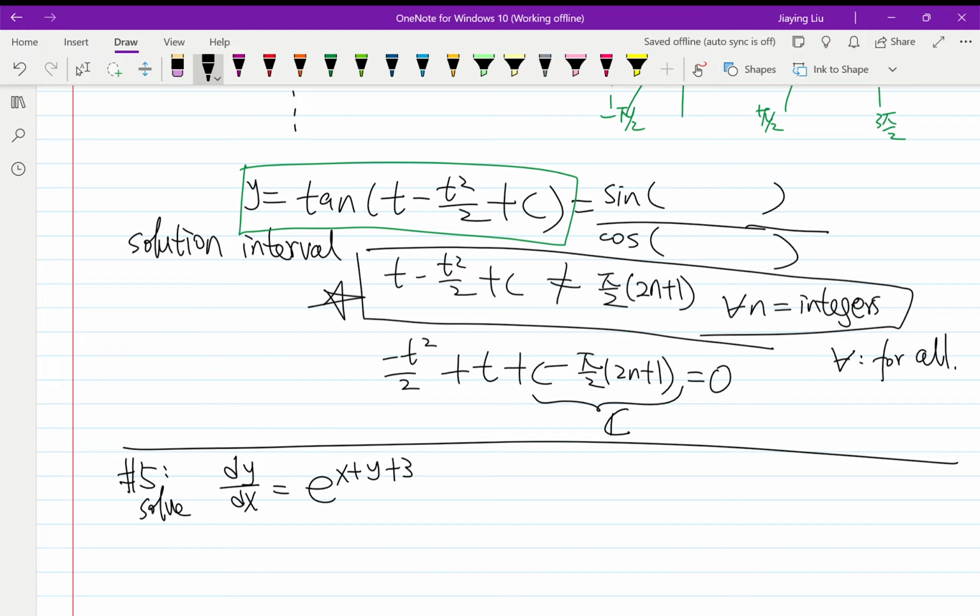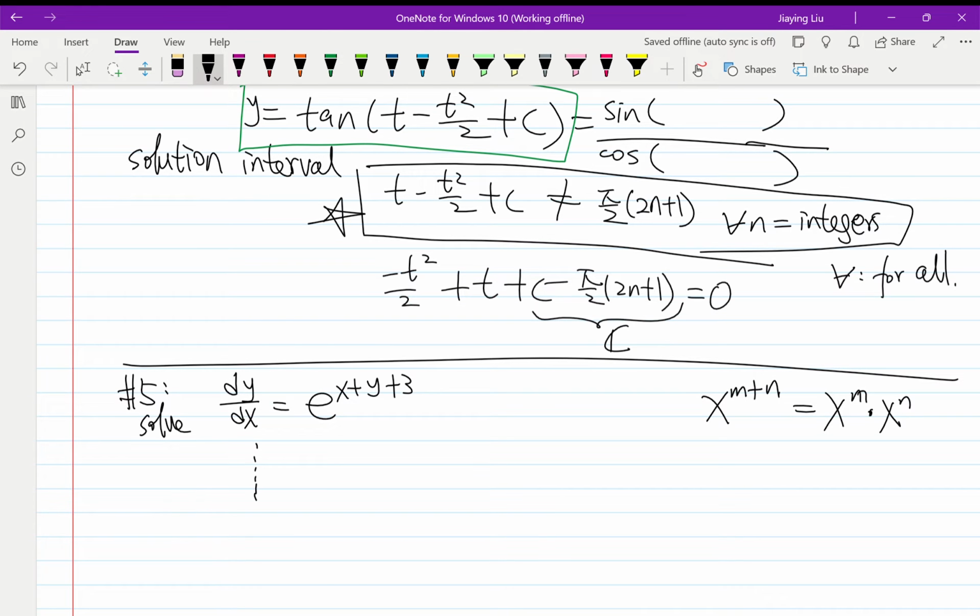I think it's good for you to try to figure it out on your own or work with your peers. I do want to point out that if you have x to the m plus n, you can write this as x to the m times x to the n. That will allow you to rewrite this side to separate the x from the y, and then you can do separation of variables there.